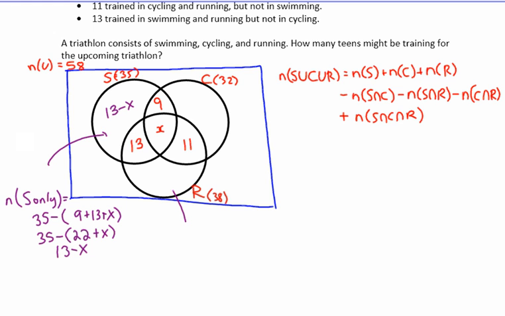Okay? If I want r only, running only, it's a total of 38. So 38 minus those 3, 38 minus 13, minus 11, well, this is 24. 38 minus 24 is 14 minus x.